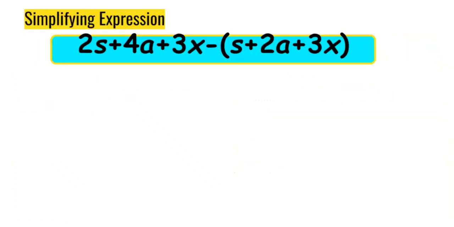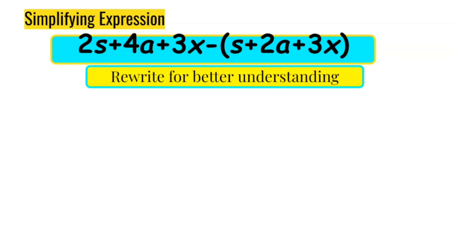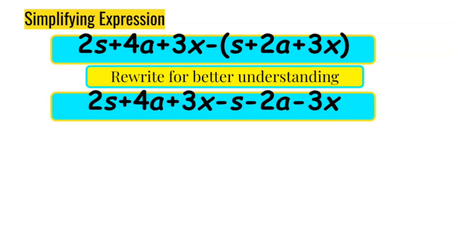We could also have written this another way. If we use the subtraction to expand the bracket, we end up with 2s plus 4a plus 3x minus s because she ate the snack, minus 2a because she ate 2 apples, and minus 3x because she had all 3 juice.